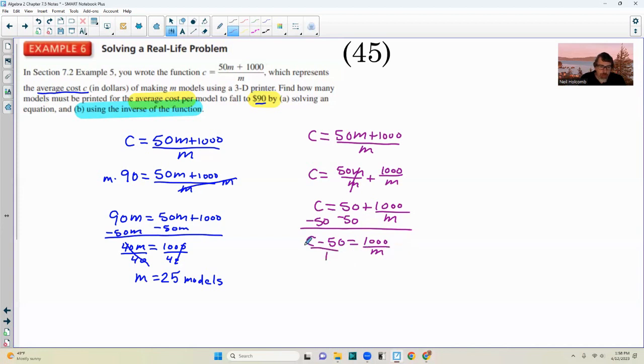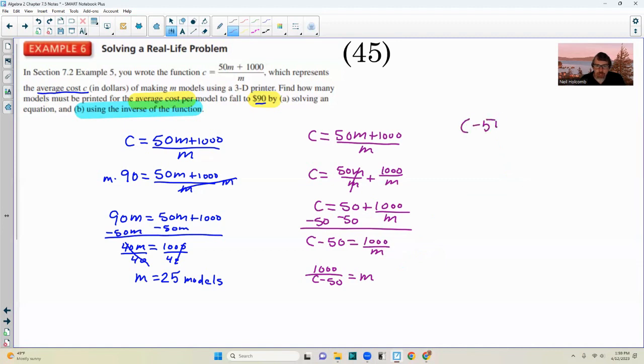If I multiply both sides by m and then divide each side by c minus 50, this c minus 50 is just going to become the denominator on the other side. So I'm not even going to put that divided by 1 here. This just moves over here, and that's 1,000 over c minus 50 equals m. That's a little shortcut trick you might have learned in geometry, but if you haven't, here's what I'm doing.